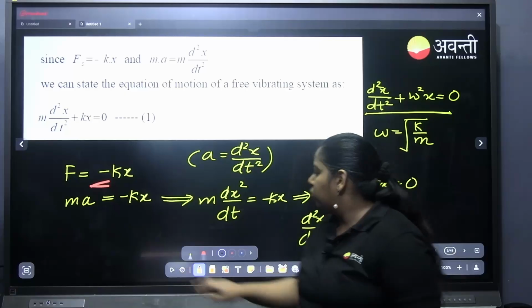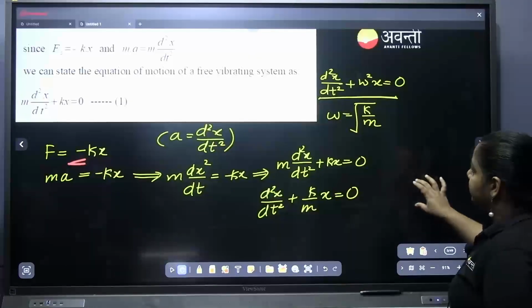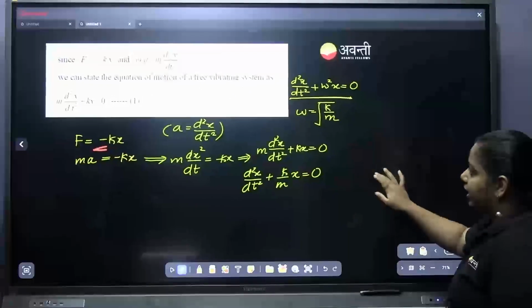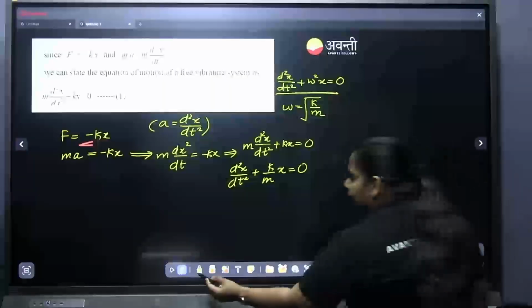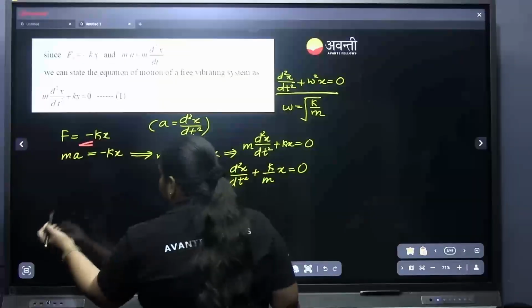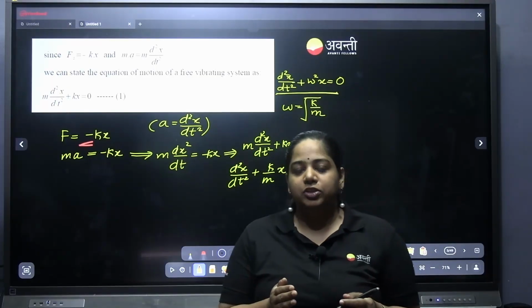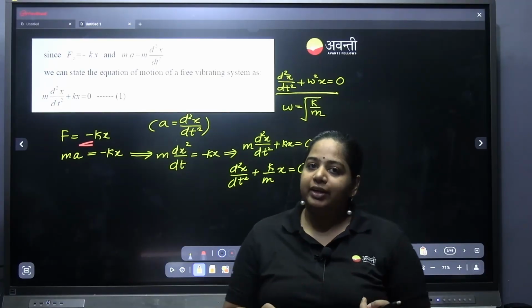Now moving on, we need some further relations also. We need to find what is velocity, or x. We have to solve for x. When we get a differential equation, we have to solve that equation.